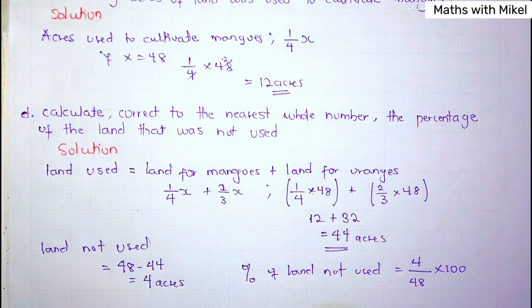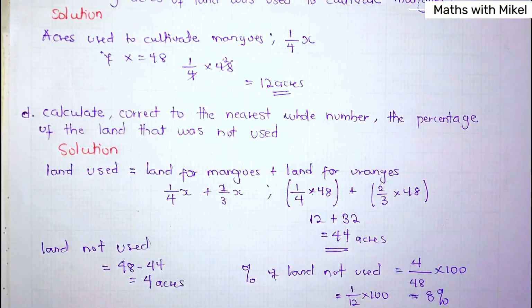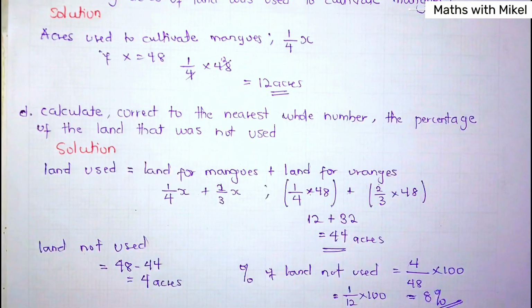And this is going to be 1 over 12 times 100. And this is going to be approximately 8%. So therefore, 8% is the percentage of the land that was not used. And this answers question 5 of the BECE.